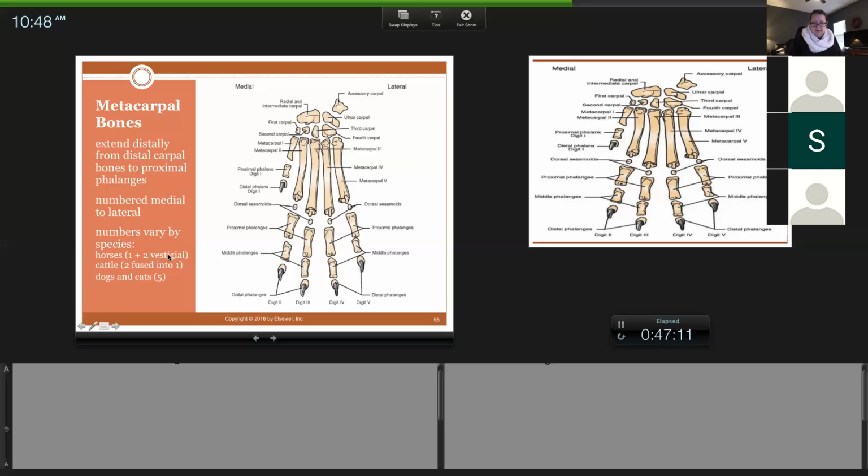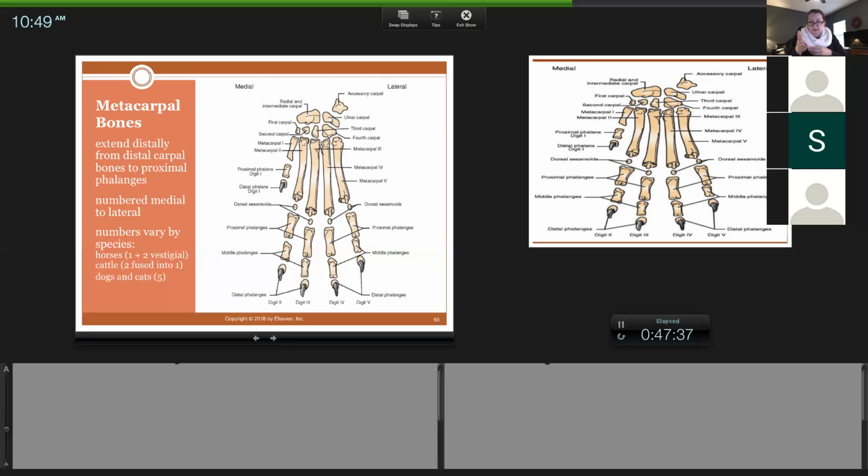Now, when it says they have 2 vestigial digits, in class, I have horse legs at school. They're large models. If we looked at it, a horse has metacarpal 3, but then it has 2 bones on the outside that are called splint bones. They think that the splint bones were leftover digits, metacarpals 2 and 4.